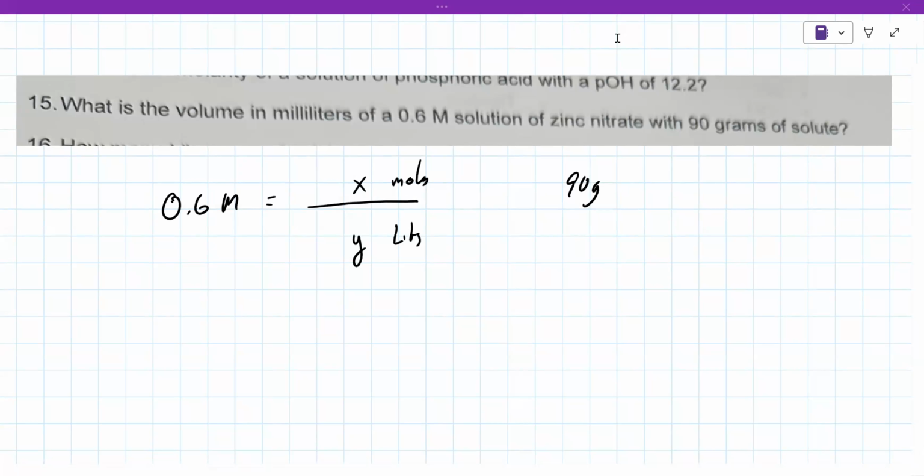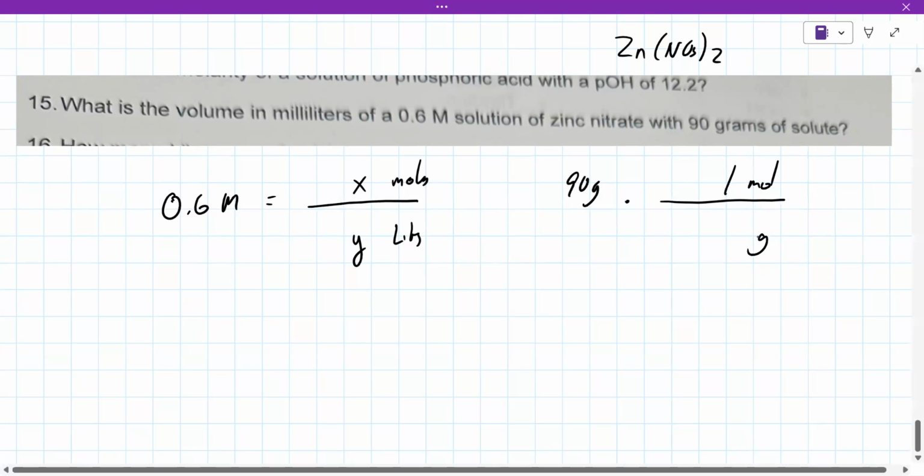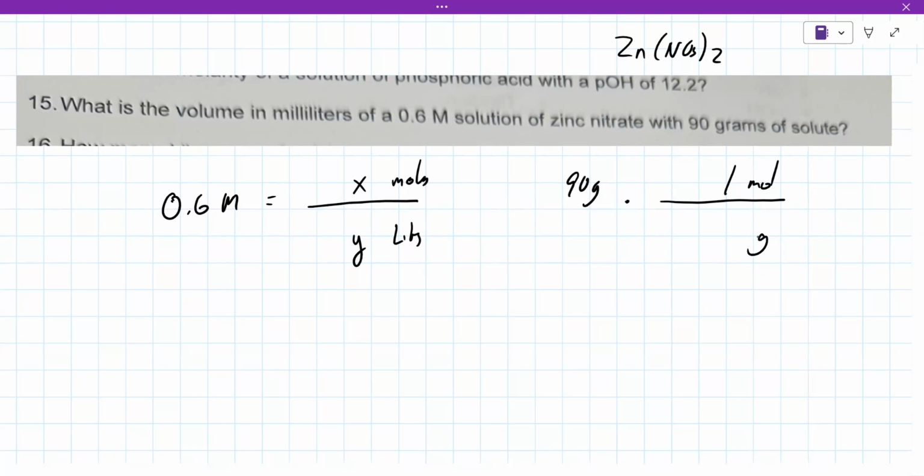So zinc nitrate is Zn(NO3)2. So we need to get the molar mass of that. 141.